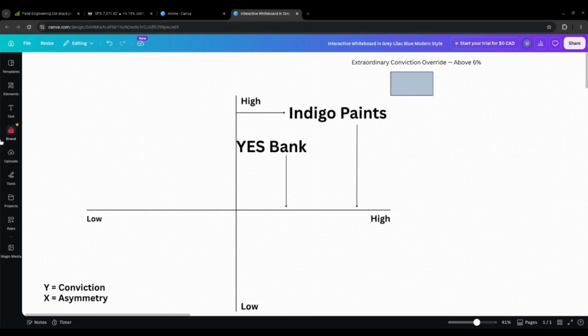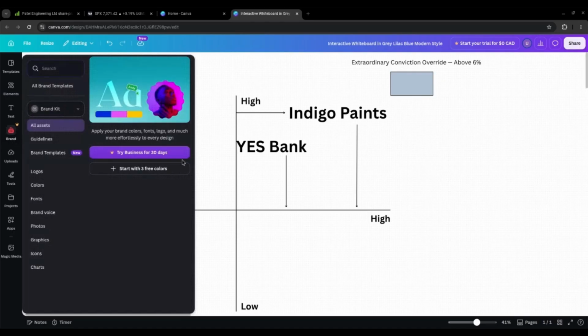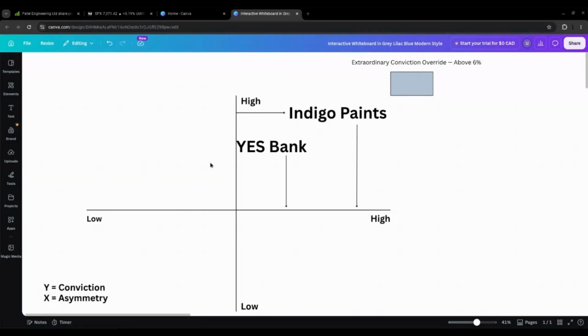Let me define precisely what extraordinary conviction override requires, because this is the tool most vulnerable to misuse, and the condition for applying it is deliberately demanding. Condition 1: all seven checklist questions pass with no ambers. Not six of seven, not five with two ambers.